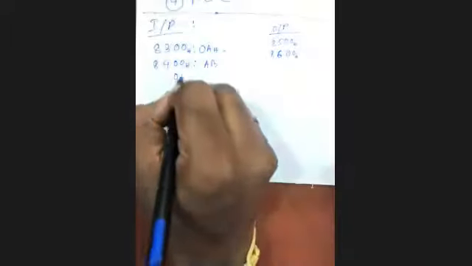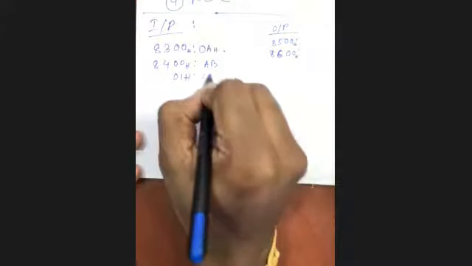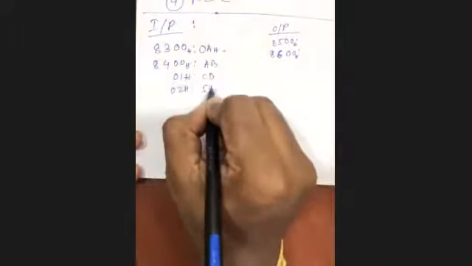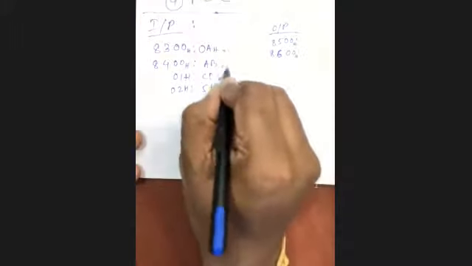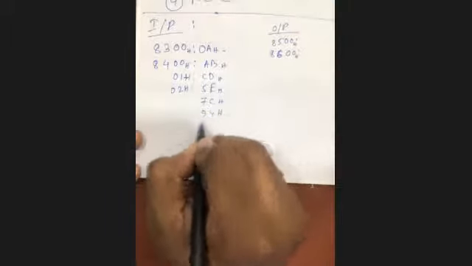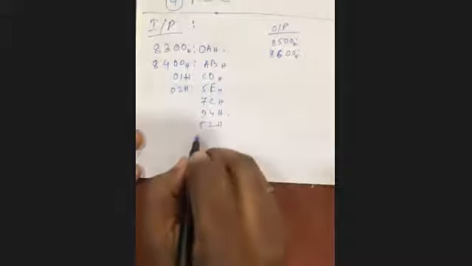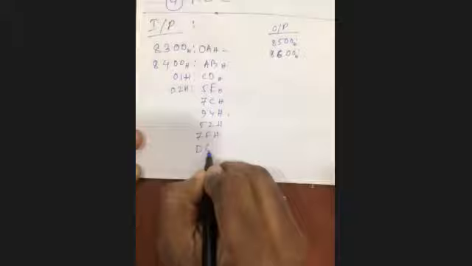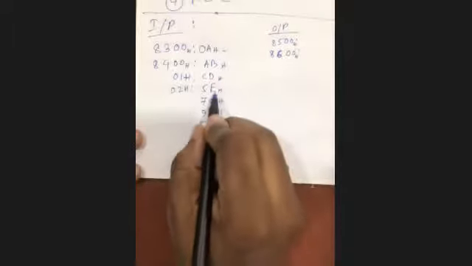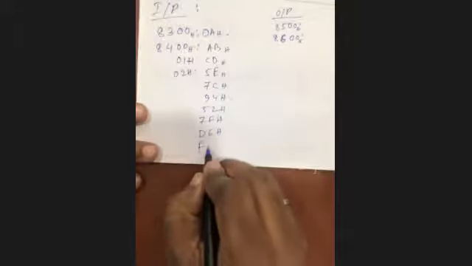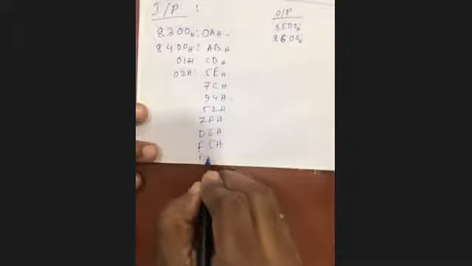From 84008: AB, 01H, CD, 5EH, 7CH, 94H, 52H, 7FH, D6H, F5H, EFH.